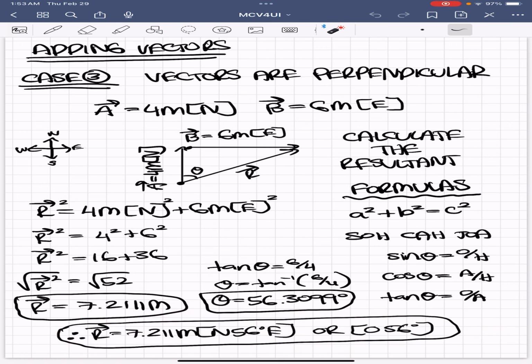That was a lot, so I know it seems complicated at first, but perpendicular vectors are easier than vectors that make an angle. That's going to be our fourth case, vectors that make an angle. Let's move on to the next case.